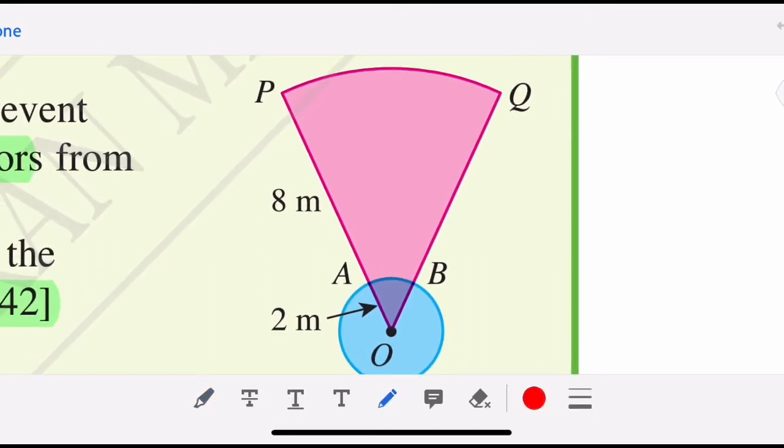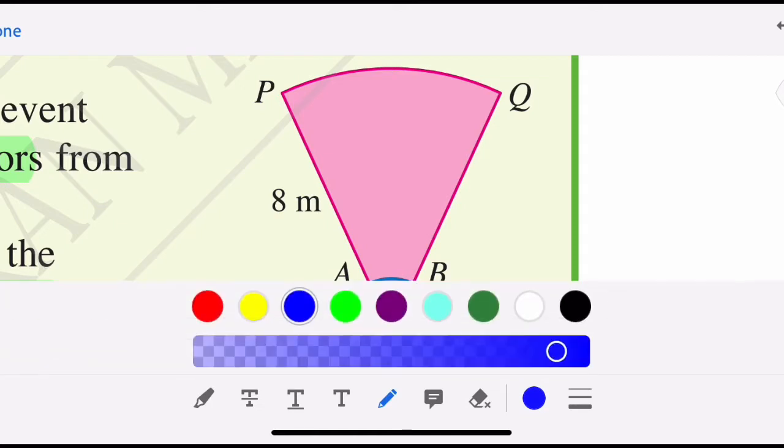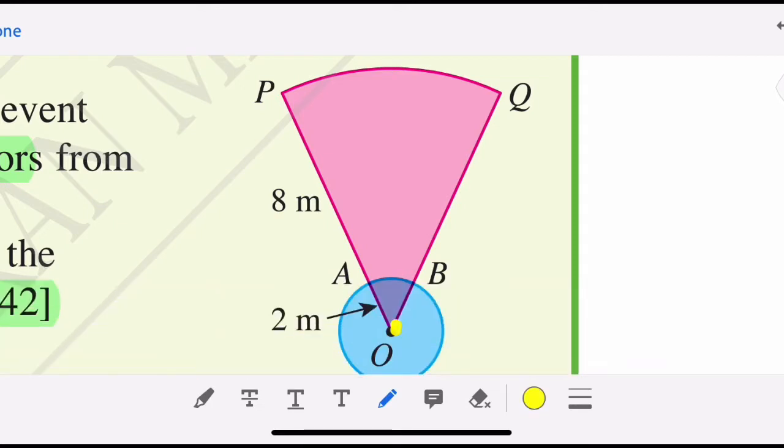So let me go through the diagram with you. You're given the circle center here, O, dotted with the yellow color. From A to O is 2 meter, right? Then from A to P it was given 8 meter. That means the radius from O to Q should be 2 plus 8, 10, right?